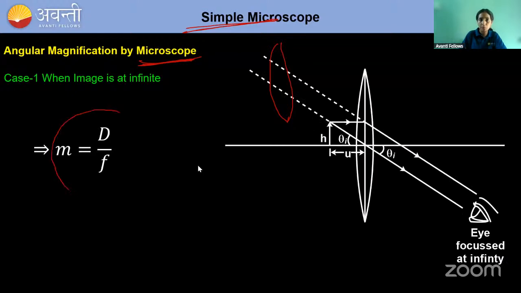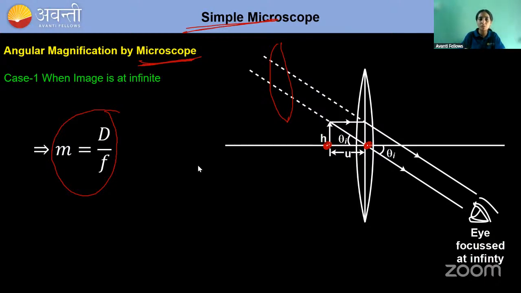Magnification will be equal to d by f if the final image is getting formed at infinity. The object is kept somewhere here, you can say it is at f. Let's not go into all those discussions because we have done this in class.